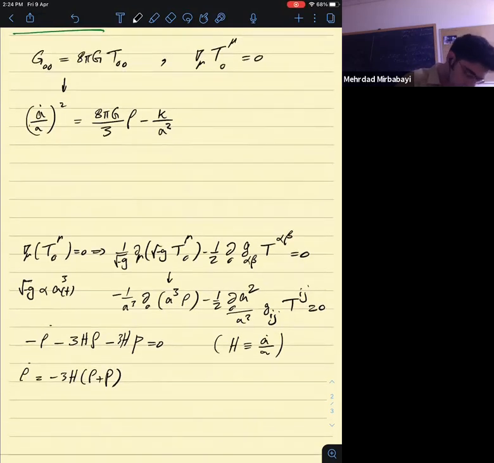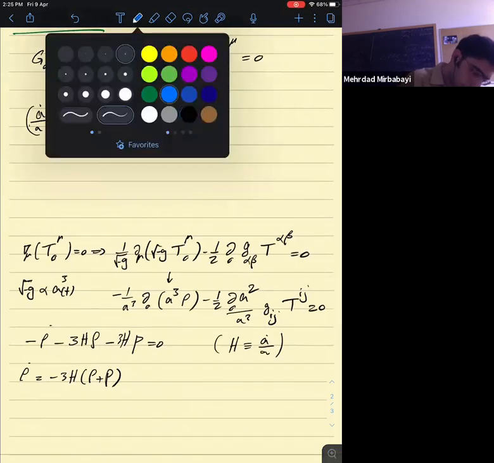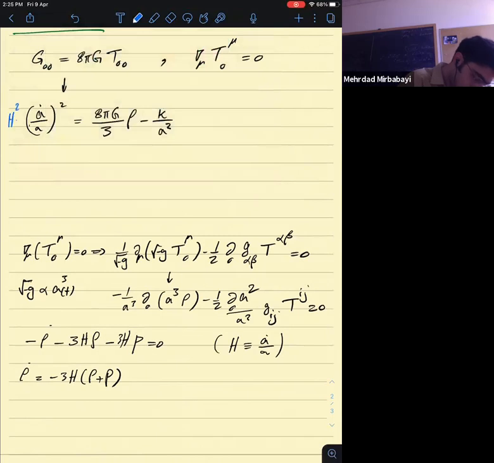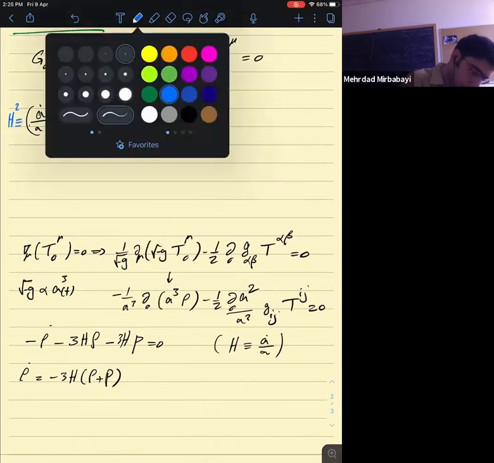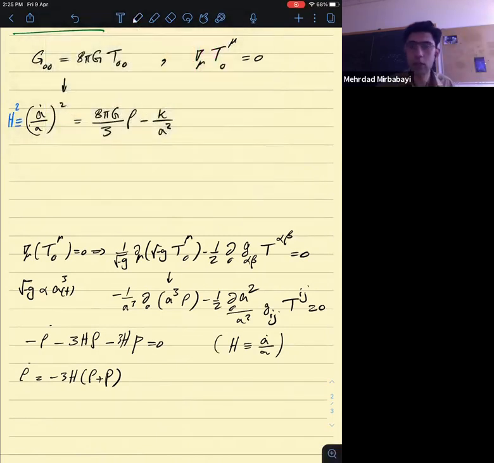Let me just write it here. So I define H to be a dot over a, and then from energy momentum conservation, we get rho dot equals minus 3H, rho plus p.